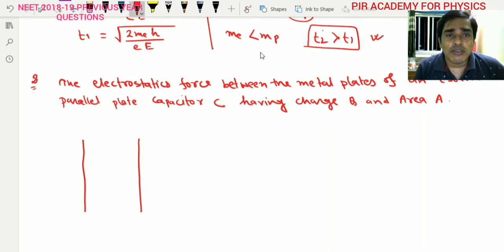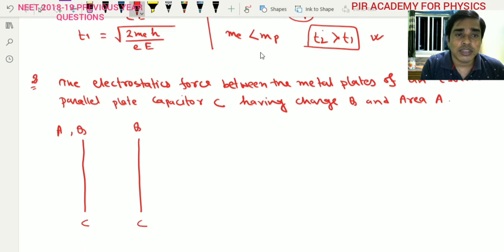The charges are Q and minus Q, and the area is A for both. Now suppose the distance is D. Now this is plus.